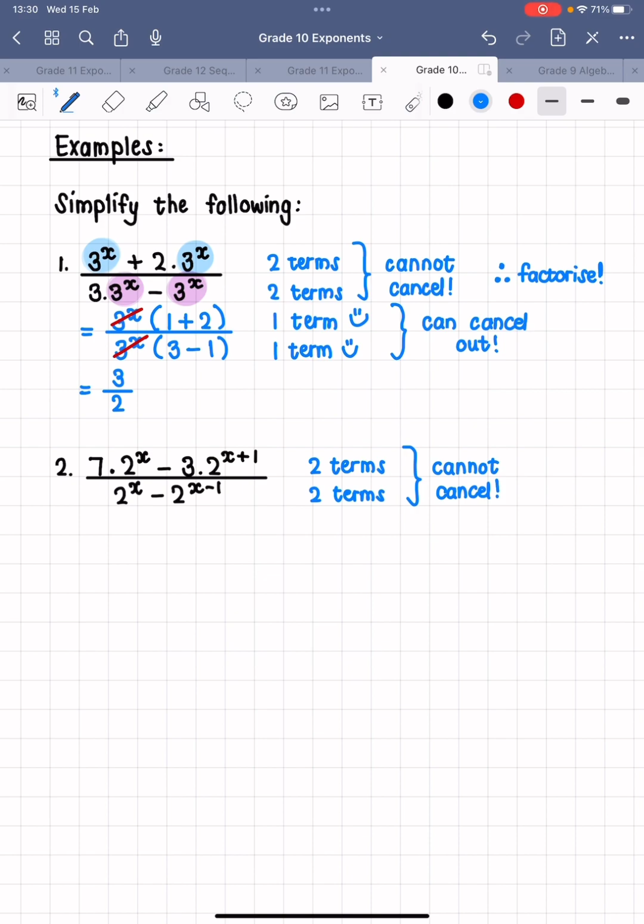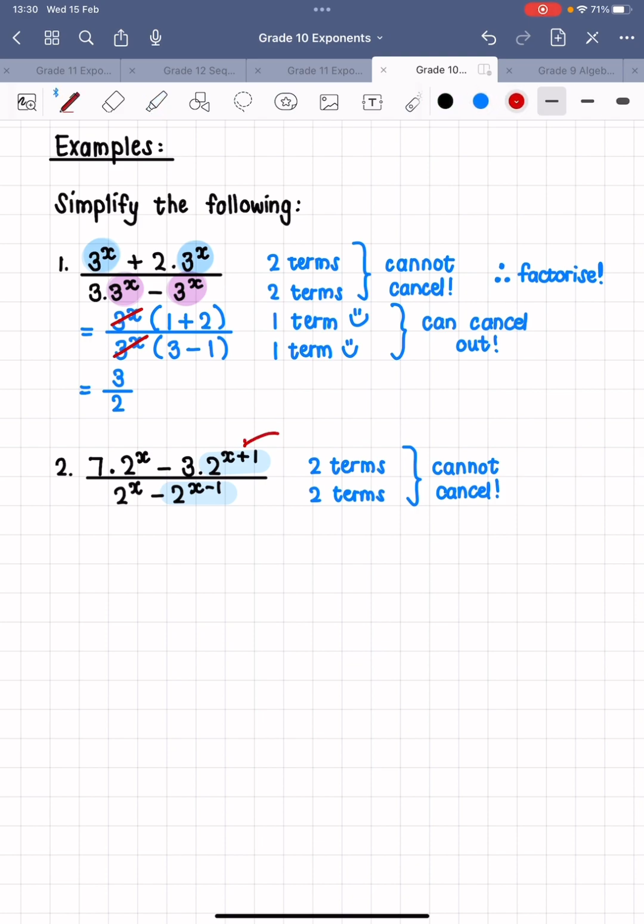We factorize. Now guys, in the previous example, it was very easy to see what we had to factorize. The 3 to the x, I think it was clear as day that that was the common factor. In this example, we now have a term in the numerator, and a term in the denominator, where my exponent also has multiple terms.